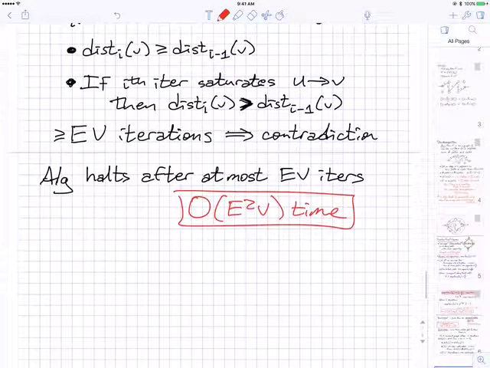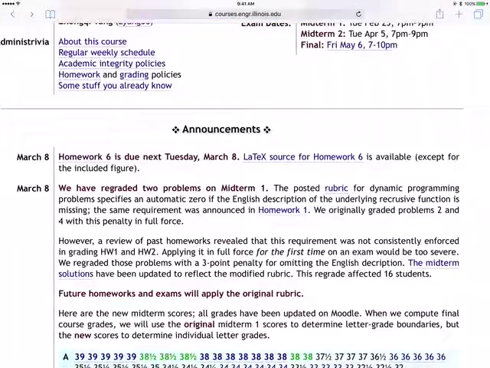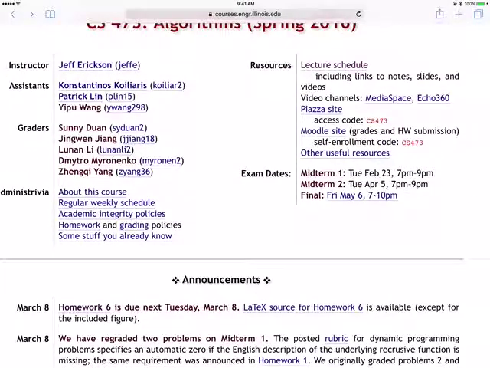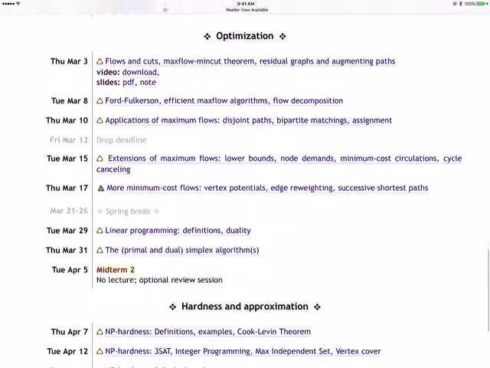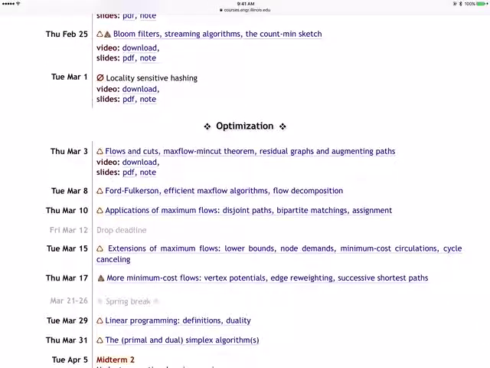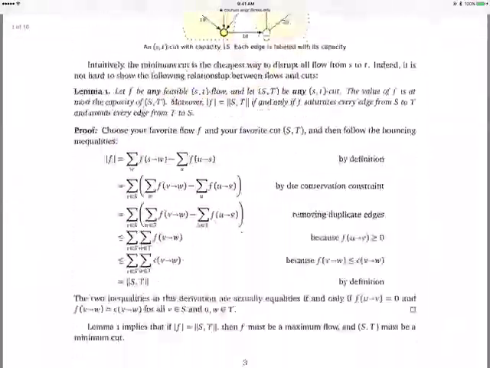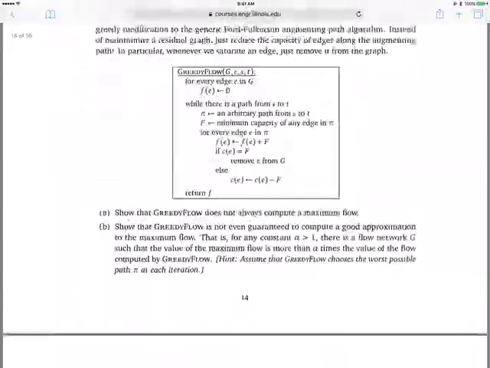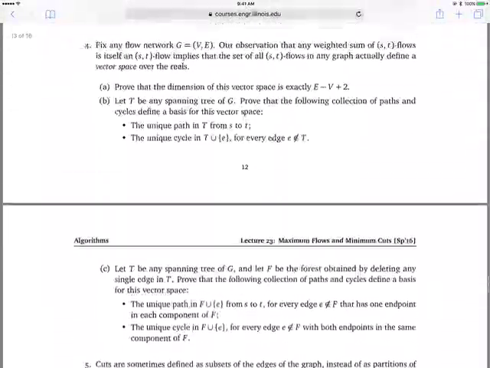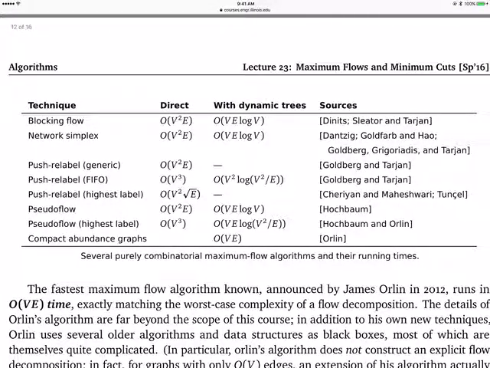So if you look at, let me just pull up the one page of the notes really quick, and I'll just point at it. There's a list of a bunch of algorithms, none of which will be on your homework or exams.